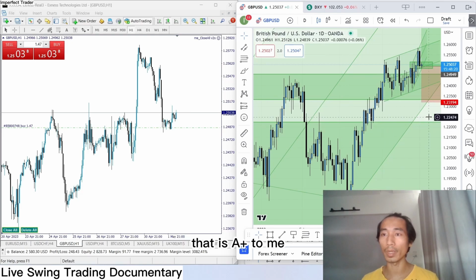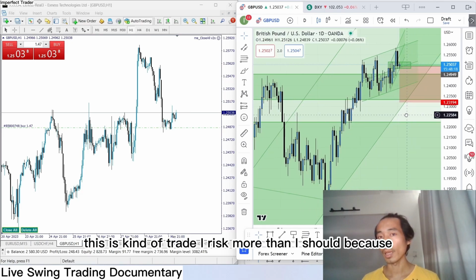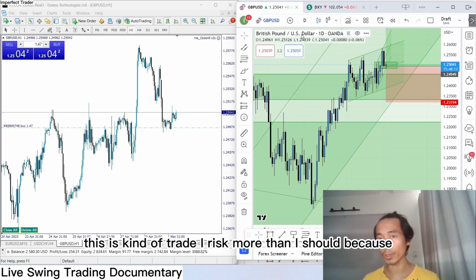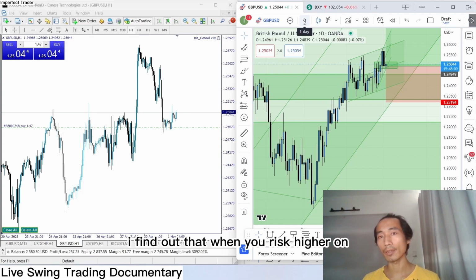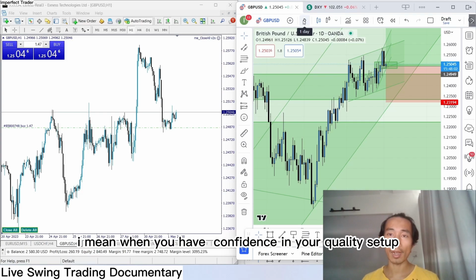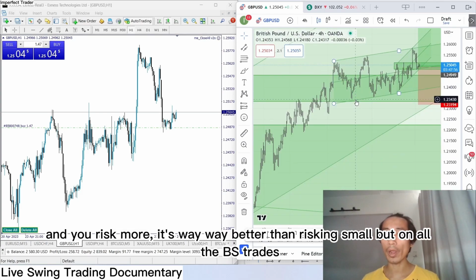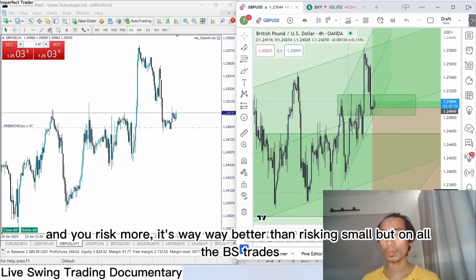That is A plus to me, and this is a type of trade that I usually risk more than I should, because I find that when you have confidence in your quality setup and you risk more, it's way better than risking small but taking all the bad trades.